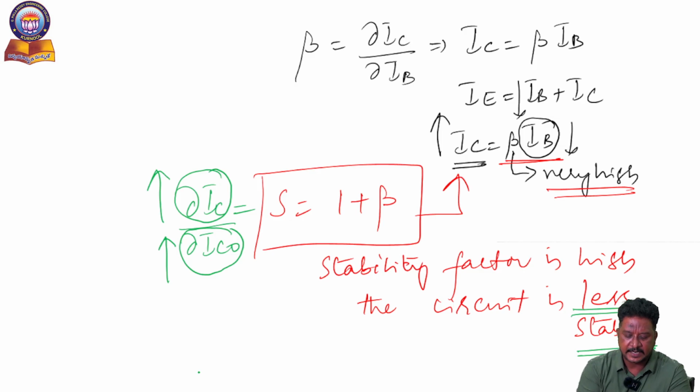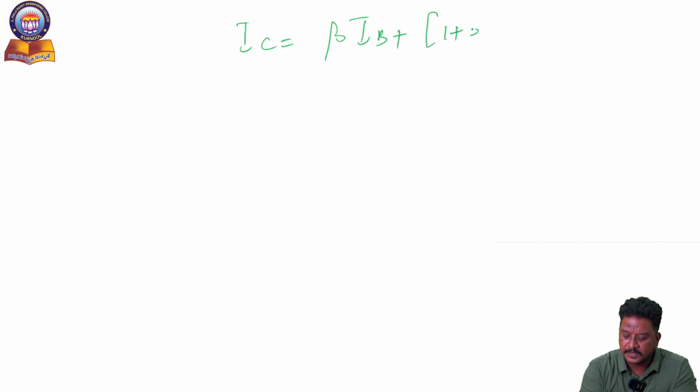This is the basic definition of a stability factor, but according to the common emitter configuration, what the stability factor actually defines, we will try to find out once again. As we know, the collector current IC is equal to beta into IB plus 1 plus beta into ICBO.